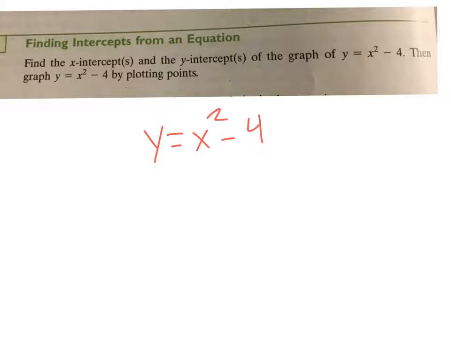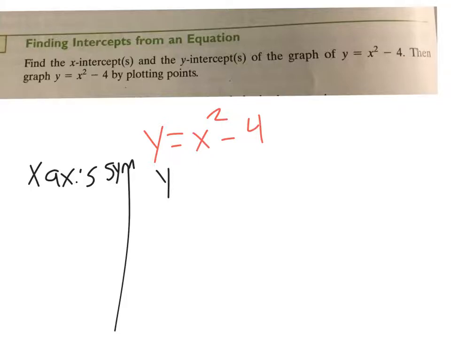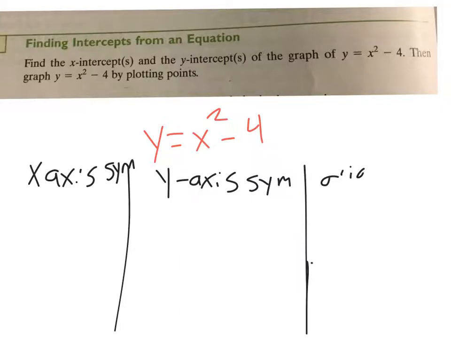So I have to test all 3 kinds of symmetry. I'm going to test x-axis symmetry, y-axis symmetry, and origin symmetry. And we're going to use those statements that we made to test each one.